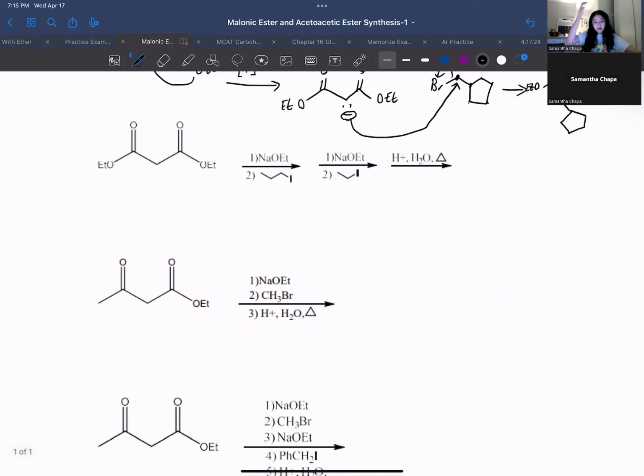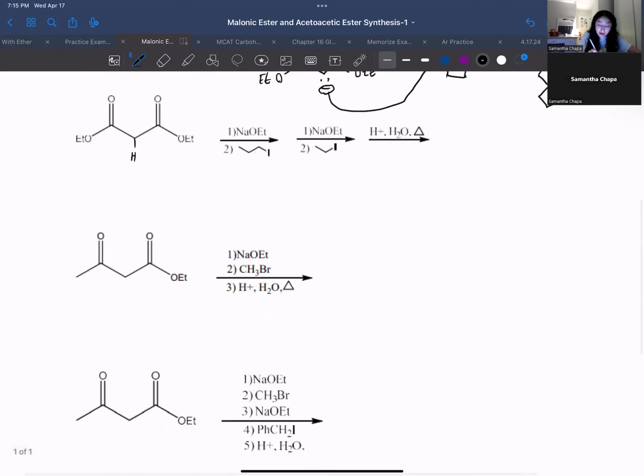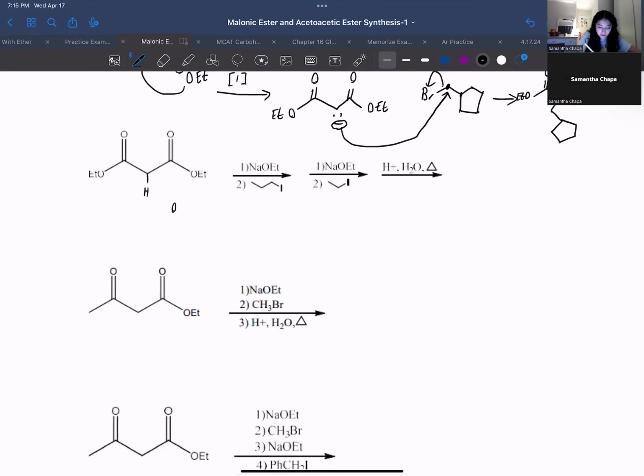Next, we are doing almost the same thing. So we'll do each intermediate. NaOMe, or sodium methoxide, is going to deprotonate the alpha carbon, the alpha hydrogen. And we're going to make our enolate.